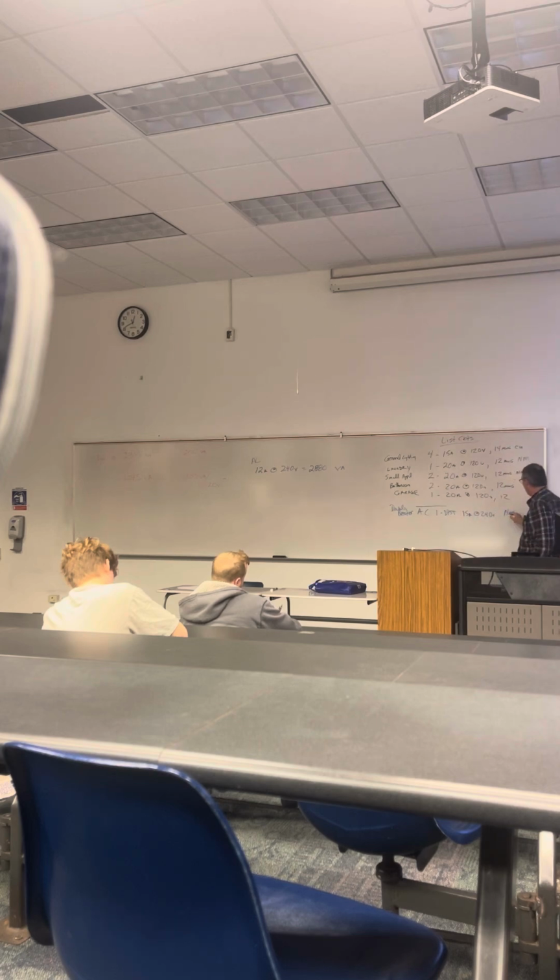This is 3 wire, 14/3 with ground, and that would give you 240 and 120. So hot to neutral is 120, or neutral to the other hot is the other 120. You need a neutral for the 120 control circuit, but it's still just a single double pole circuit breaker.